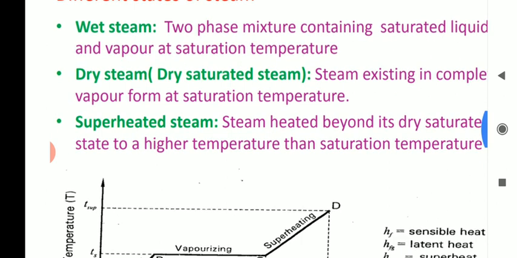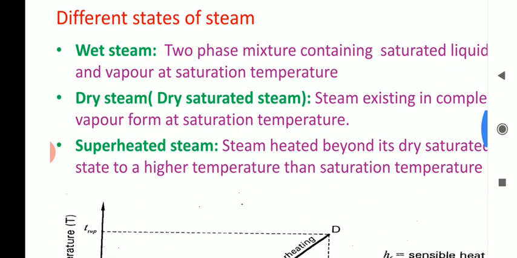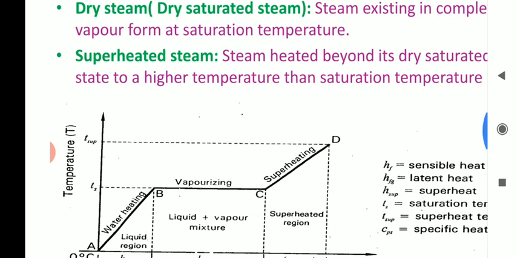And the other state of steam is dry steam. Here we call this a dry saturated steam. So if you refer to this TH diagram, the point C lies on the saturation temperature. That means when heat is added to the water and it starts converting into steam, at point C there is no liquid part remaining.